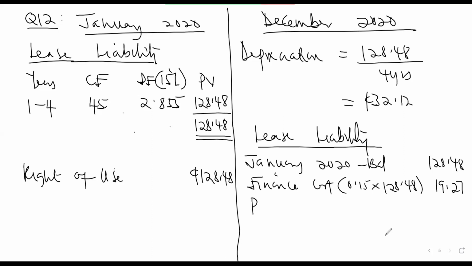Then what will happen? We pay the rental payments. The rental will be 45. So what will be the lease liability at the year end? 102.75. Okay. All right.